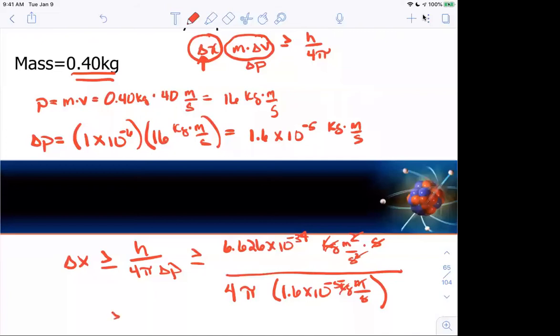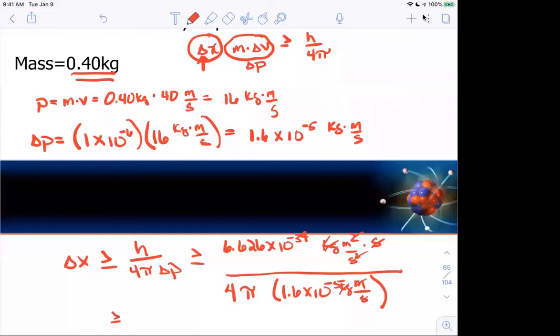So when I do this math, I find 6.626 to the minus 34 divided by 4 divided by pi divided by 1.6 to the minus 5th.